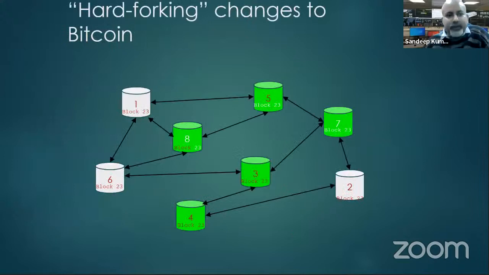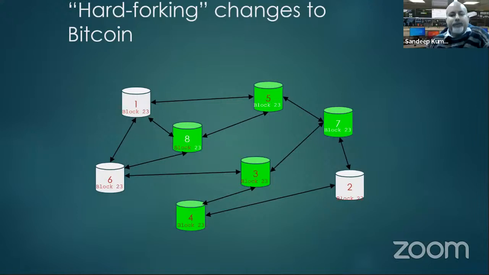Okay, so here is the example of a hard fork. When does a hard fork happen? Let's say you want to change the size of the blocks. You say that the block will be 4 megabytes. Now, what will happen?